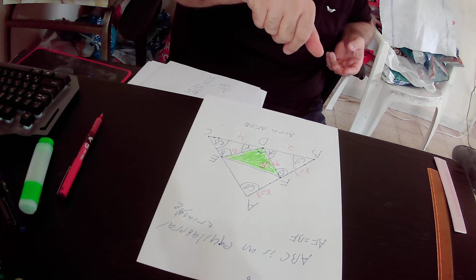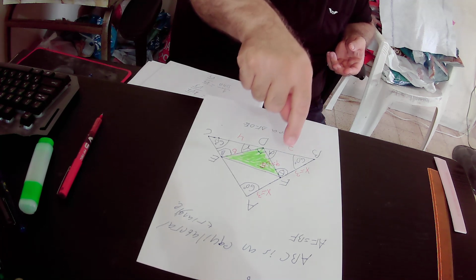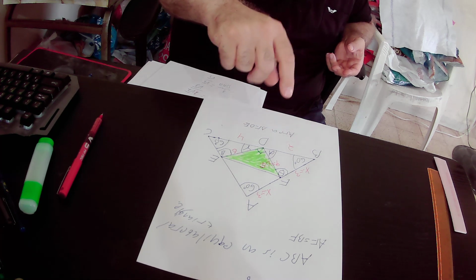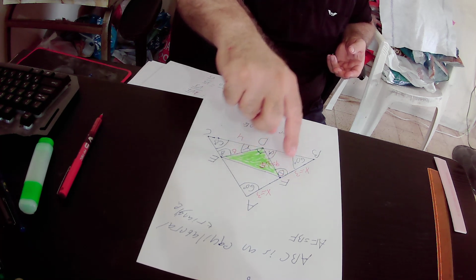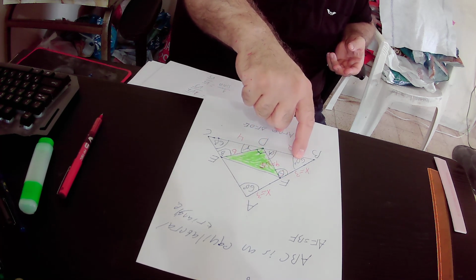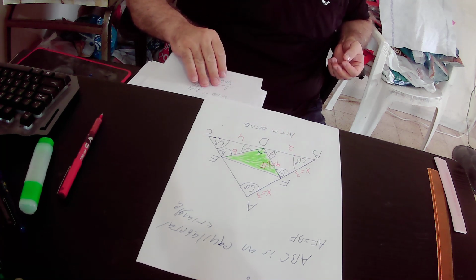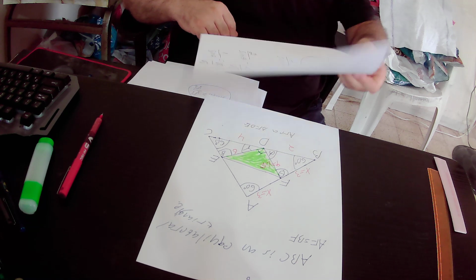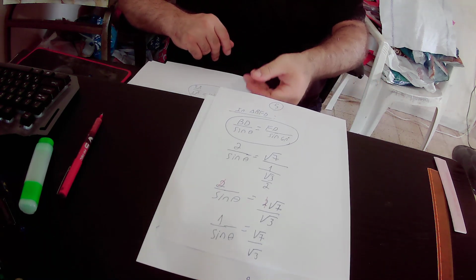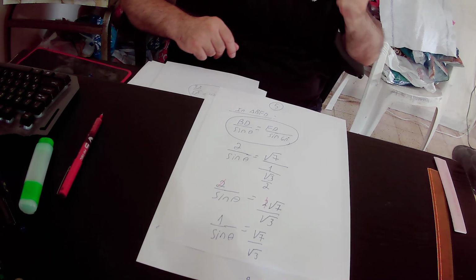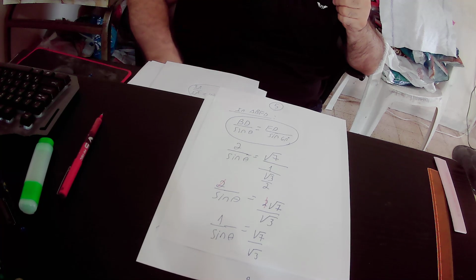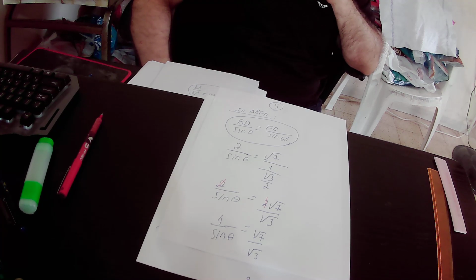In order to find the value of sine theta, according to the law of sines in triangle BFD, BD over sine theta equals FD over sine 60 degrees.